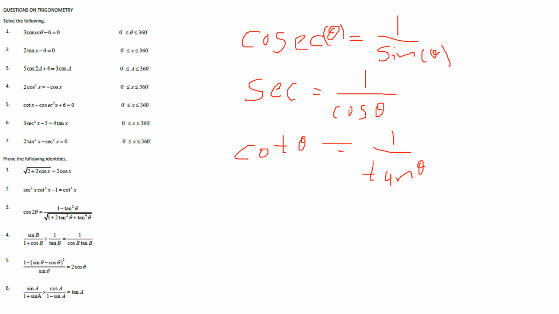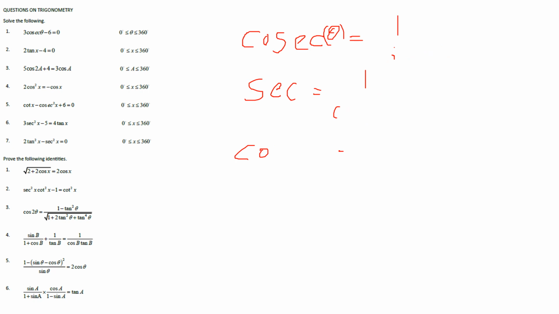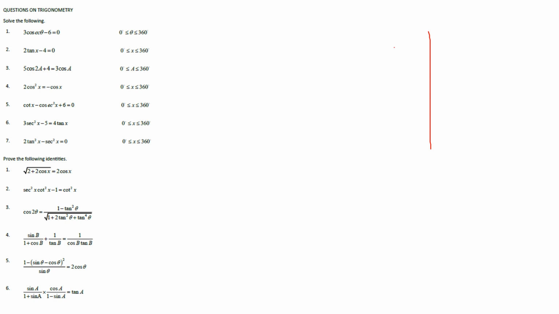Okay, so now that is out of the way, let's get to the question. But before I do, let's also explain the quadrants. Basically, we have a Cartesian plane, but this time we're going to do it with angles.